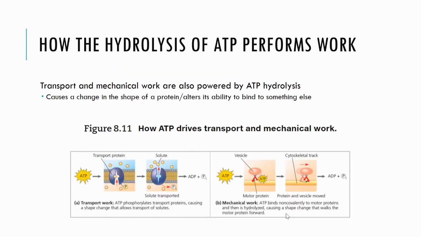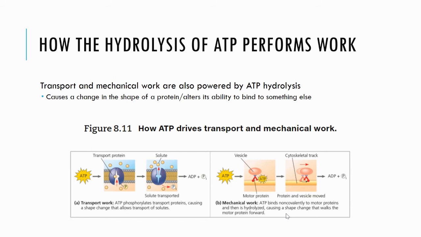Transport and mechanical work are also powered by ATP hydrolysis. What will happen here is we'll have a change in the shape of the protein, which will alter its ability to bind something else. Recall that the structure of the protein will determine its function. So in the picture here for A, ATP attaches to that transport protein, which forces it to open and close to either side of the membrane.